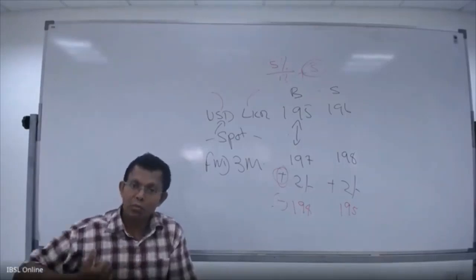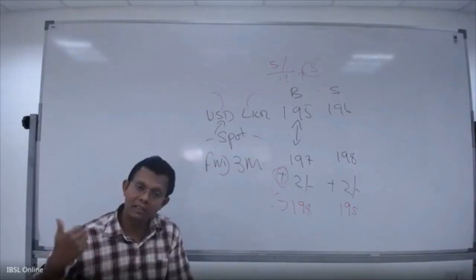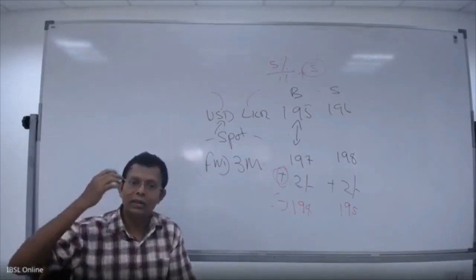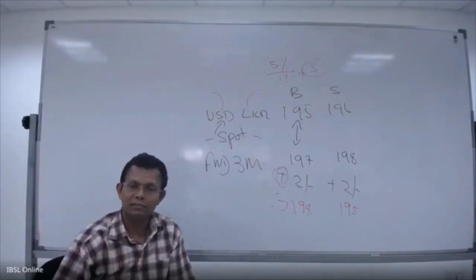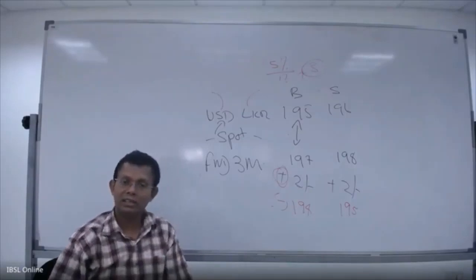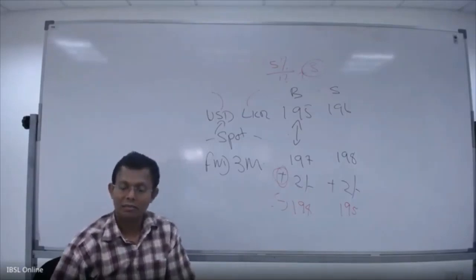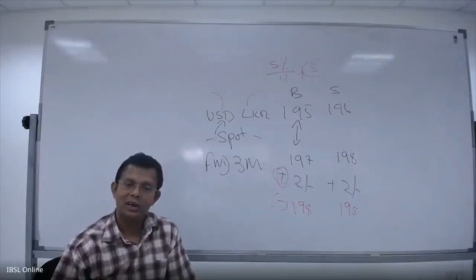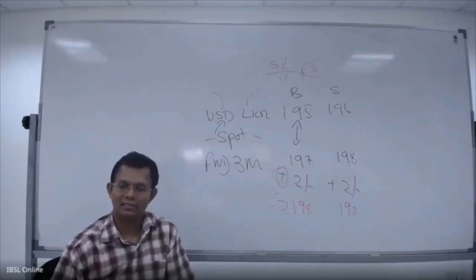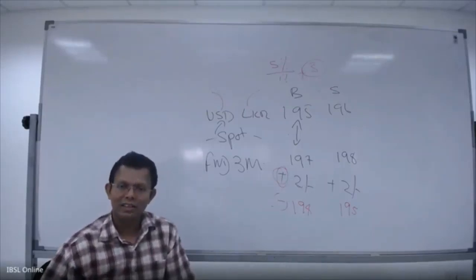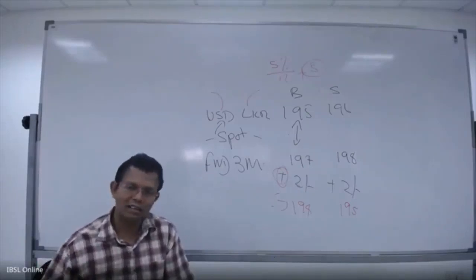But somebody is there to buy. So what is his view? Make a price. So then he will buy. So it's a huge market. It is an activated market.